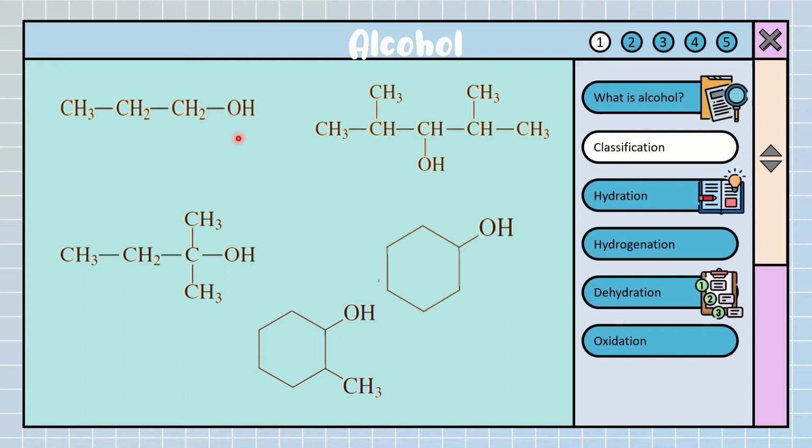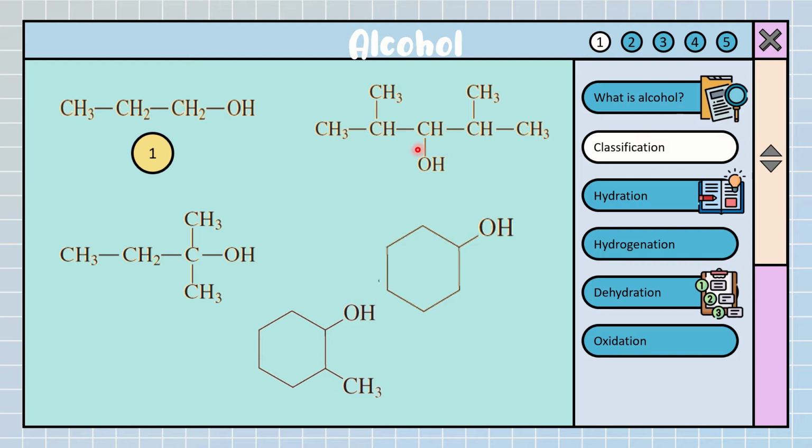Where is your hydroxyl group attached? As you can see, your hydroxyl group is attached to this carbon atom, and then you also need to see if this carbon has other attachments. Since your carbon only has one R group, this is now considered as primary. Let's now have another example.